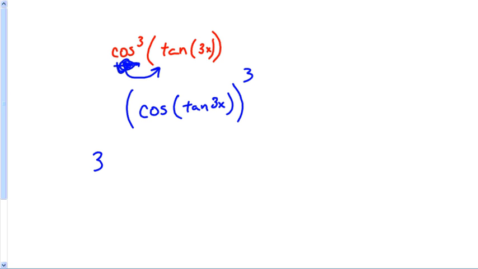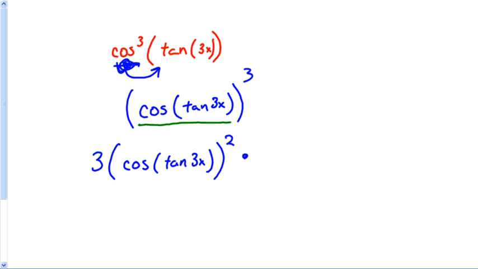So this problem becomes 3 cosine of tangent 3x, squared, times, this is where y'all get lost. All right, we did the whole thing. Now we're going to do the derivative of cosine tangent. So the derivative of cosine would be negative sine tangent 3x. Now we're going to go a step further.